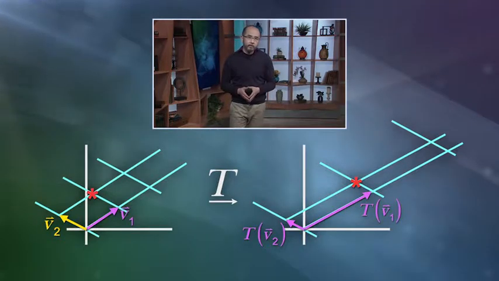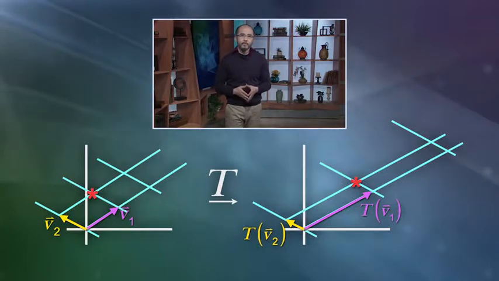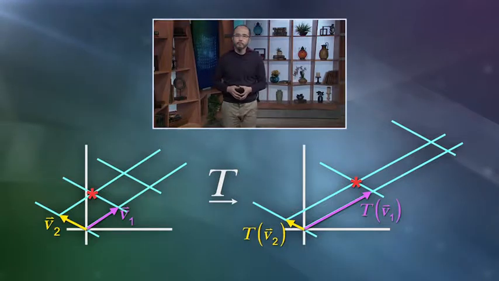And this vector, v2, gets sent to this point, T of v2, pointing in the same direction. So it's an eigenvector. Can you see what the eigenvalue is in this case, approximately? It's smaller than 1 because the vector shrank.